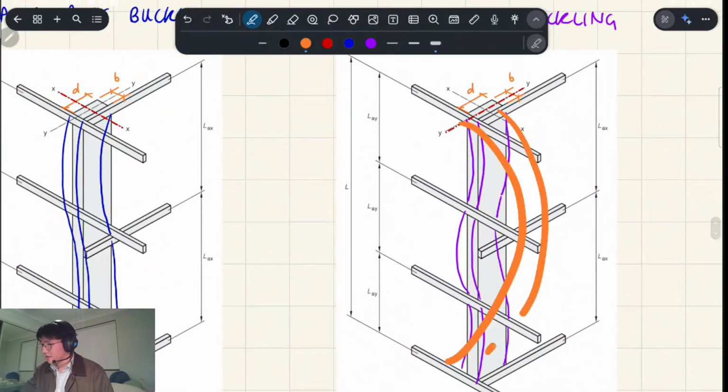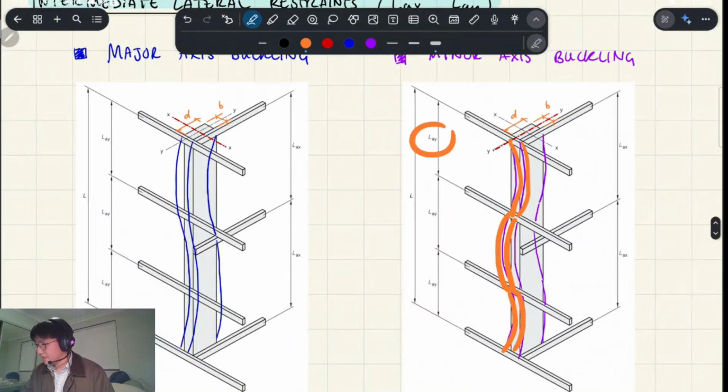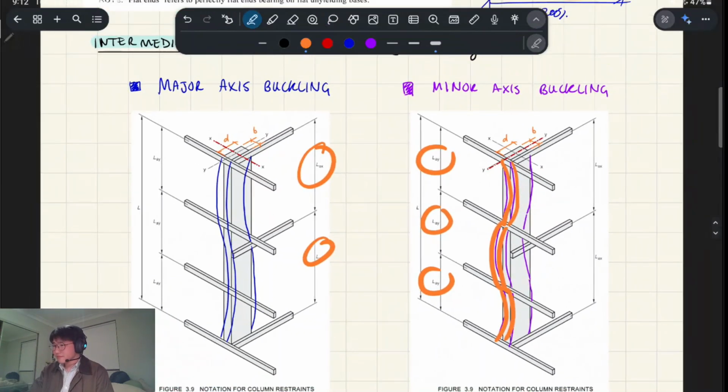If there were no intermediate restraints, it's free to make a huge C shape, but each of these intermediate restraints causes it to make mini C shapes along the way. So when you have these smaller lengths, these subsections, that's LAY for the minor direction when it's doing this minor axis buckling, and LAX the other way. This one is bending in the major axis instead. Cool. Any questions?